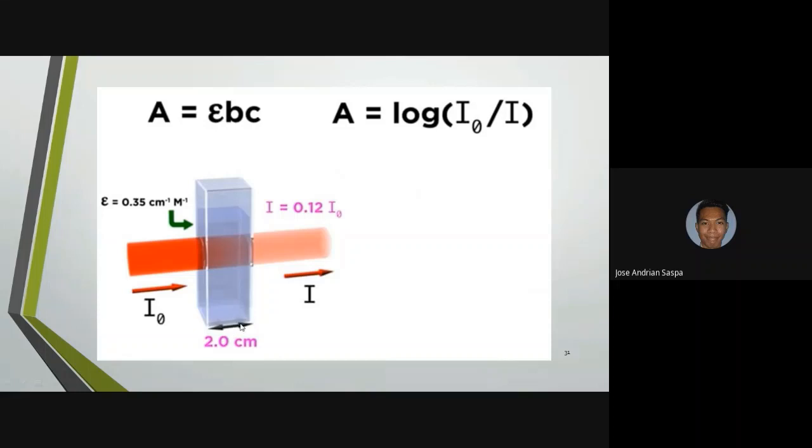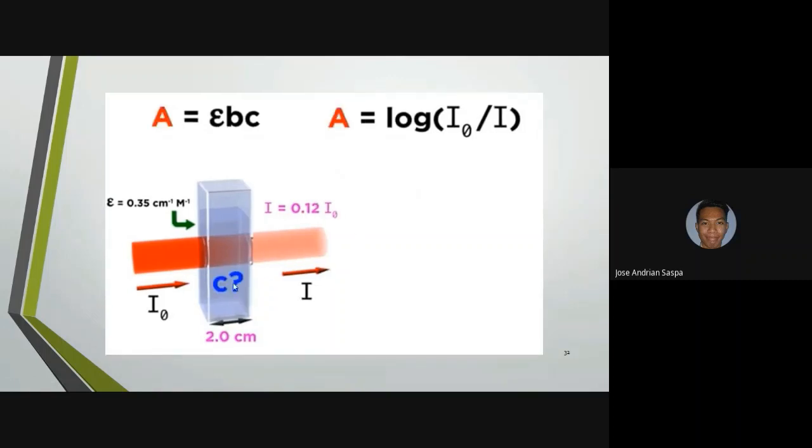Our path length is equal to 2 centimeter, and our intensity after is equal to 0.1 I sub O. We want to determine the concentration of this sample. As you see, we don't have the value of absorbance.